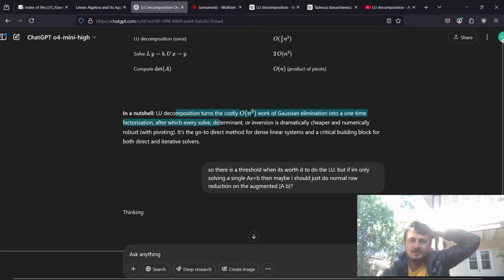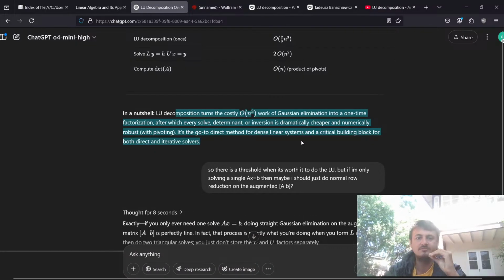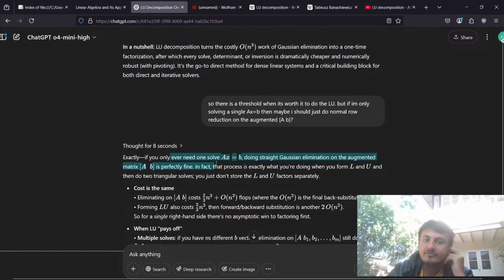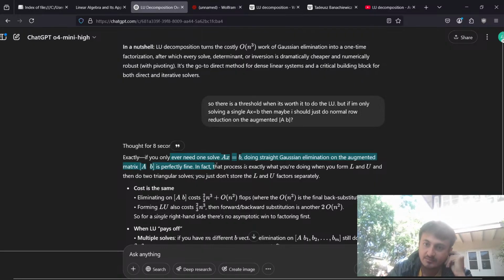In a nutshell, LU decomposition turns the costly O(n^3) work of Gaussian elimination into a one-time factorization, after which every solve is dramatically cheaper. So if you only ever need to solve one Ax = b, just doing Gaussian elimination is fine. In fact, that process is exactly what you're doing when you form the LU.